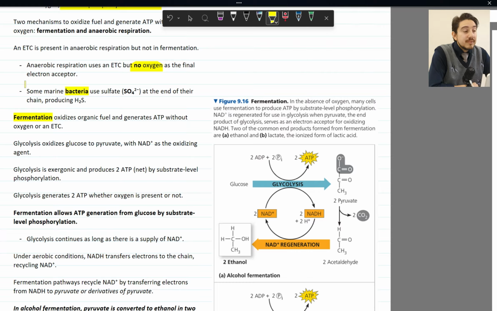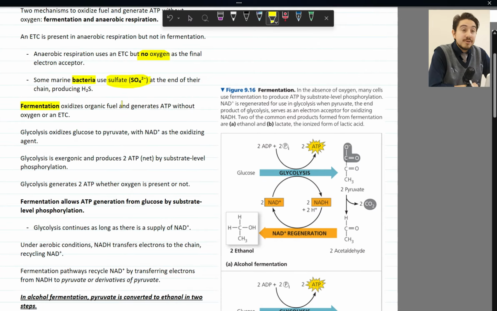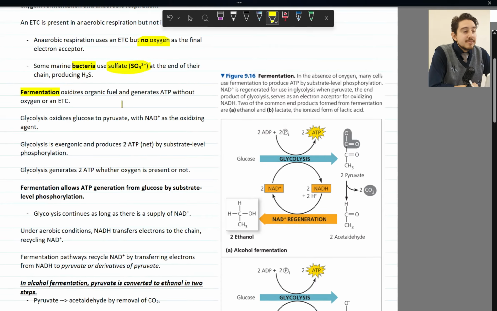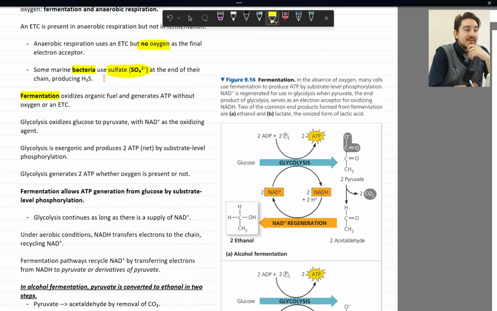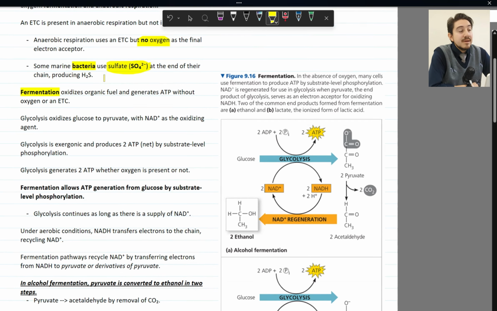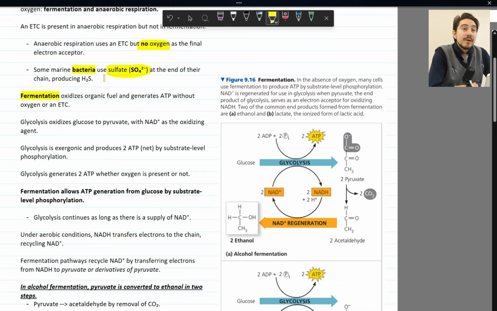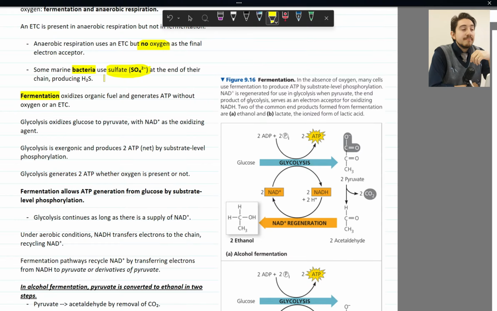Certain bacteria can use sulfates as the last electron acceptor, ultimately producing hydrogen sulfide. You can smell these, let's say, in swamps where you have that sulfur smell. These bacteria are using sulfate as the last acceptor. In anaerobic respiration, the electron transport chain cascade is still working. ATP is being produced, but you don't need oxygen.